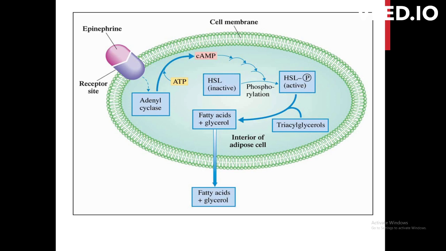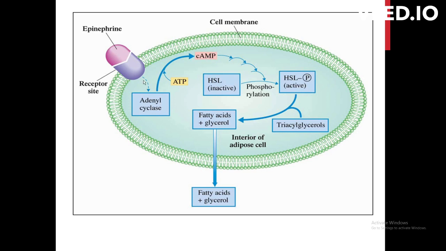We have a high level of epinephrine attached to its receptor sites, which are also attached to the cell membrane. Thus, it will trigger adenyl cyclase and stimulate the production of cyclic adenosine monophosphate.